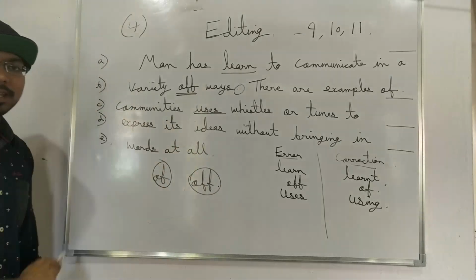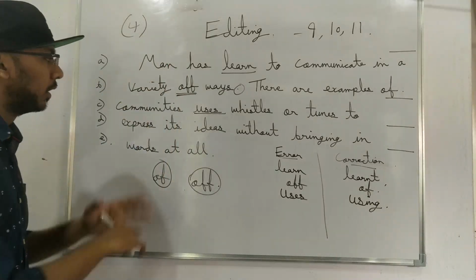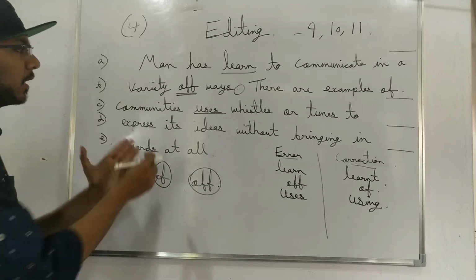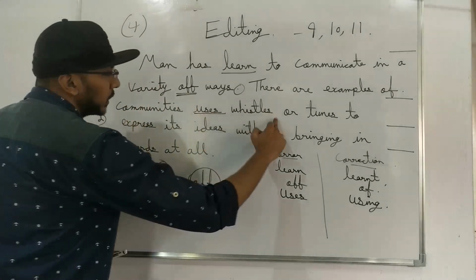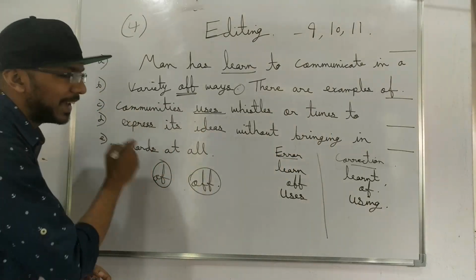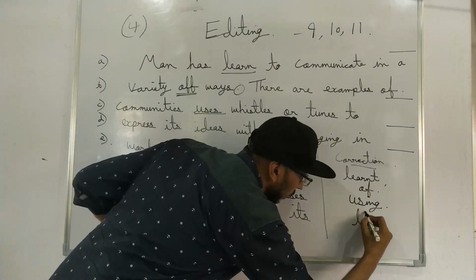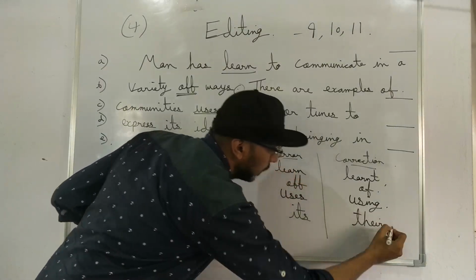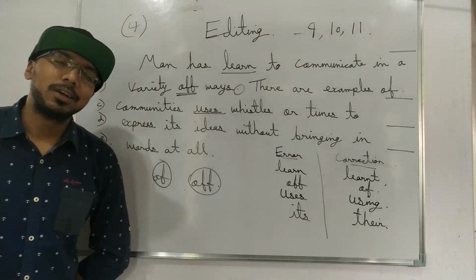They are living beings, and together they are known as one singular person. Community. Communities, plural, community, singular. So, communities using whistles or tunes to express its idea. No, it will be their idea. Its will convert to their. Their idea. Express their ideas without bringing in words at all.